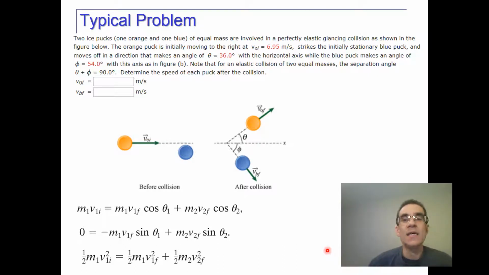This is the idea. Critical thing here, remember, you can only use this 3rd equation when the collision is elastic. And here, to leave no doubt, this is a perfectly elastic collision, meaning mechanical energy is really conserved. Conservation of linear momentum you can always use as long as you can assume the system is isolated.